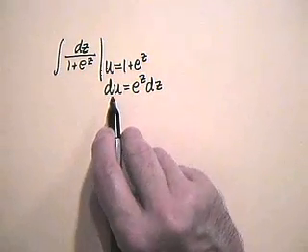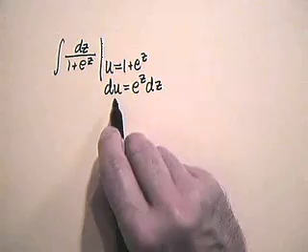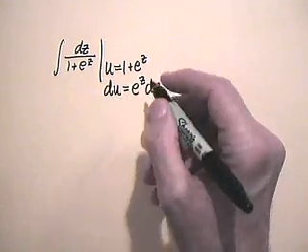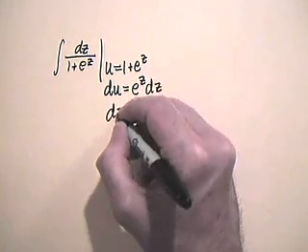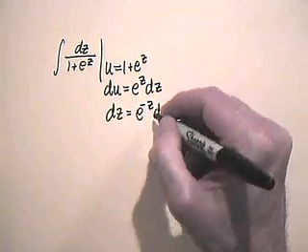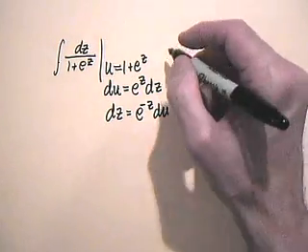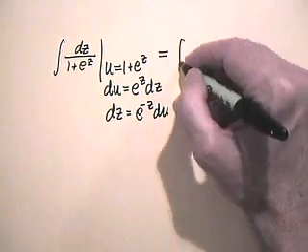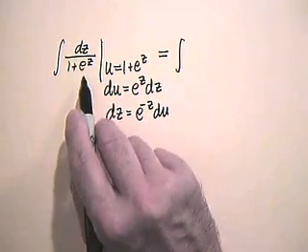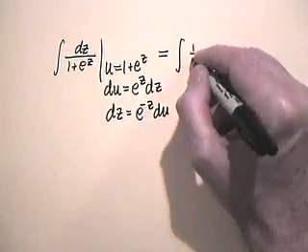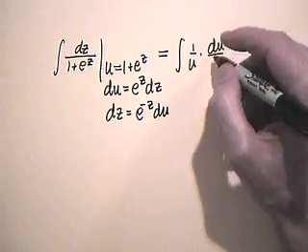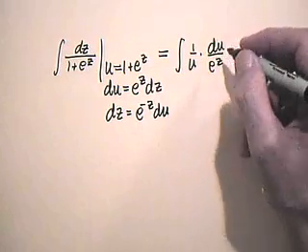Well, let's substitute then. Notice that if du is e to the z dz, then dz is e to the negative z du, or du divided by e to the z. So we get the integral of, now the 1 plus e to the z in the denominator is just 1 over u, times du divided by e to the z.